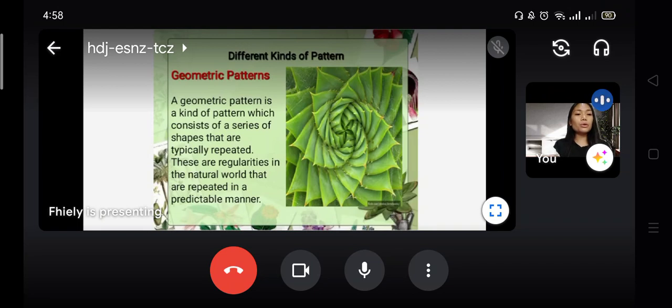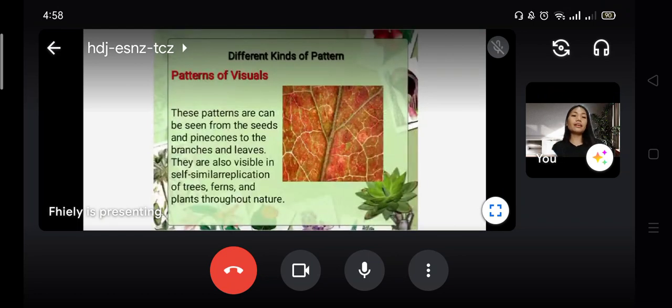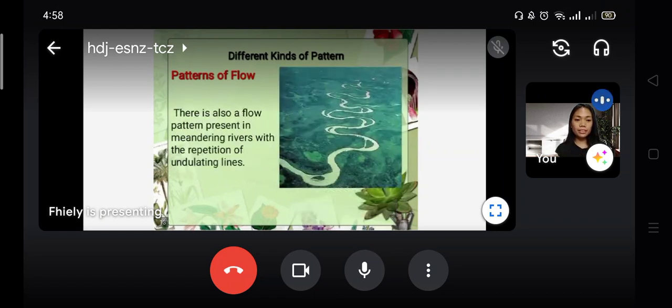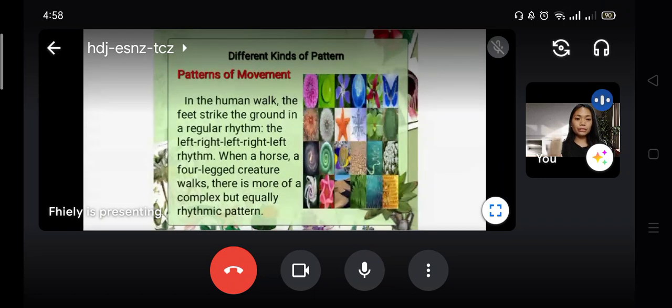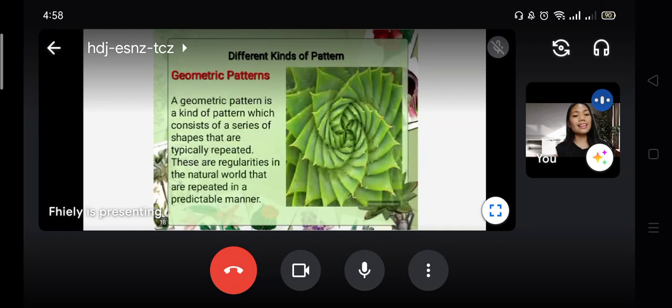So again, mo back trace ta para klaro. We have patterns of visuals, check. Patterns of flow, patterns of movement, patterns of rhythm, patterns of texture, and lastly geometric patterns. So I guess you guys know it very well.